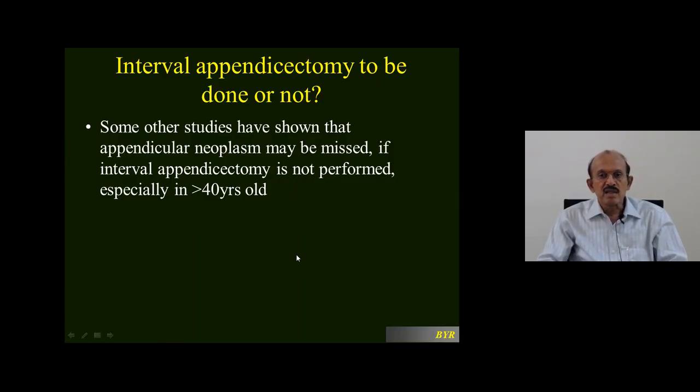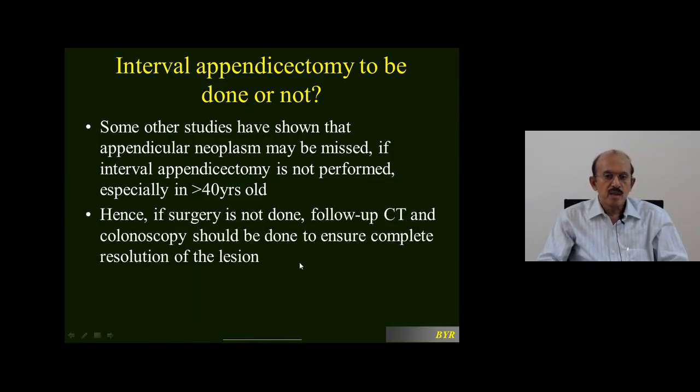So what some of the surgeons have noted was that, especially in patients more than 40 years old, they may have a mass in the appendix, a lump in the appendix due to carcinoma or carcinoid. That may be the cause for acute appendicitis, and you may miss it if you don't do appendectomy. So they strictly advise doing appendectomy.